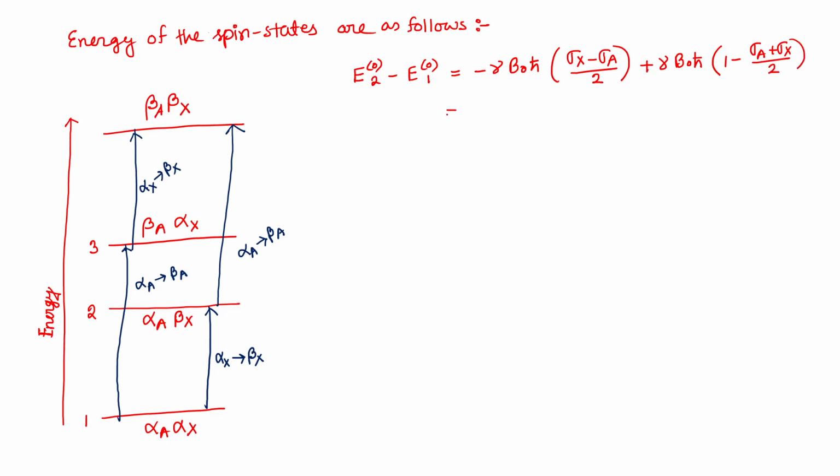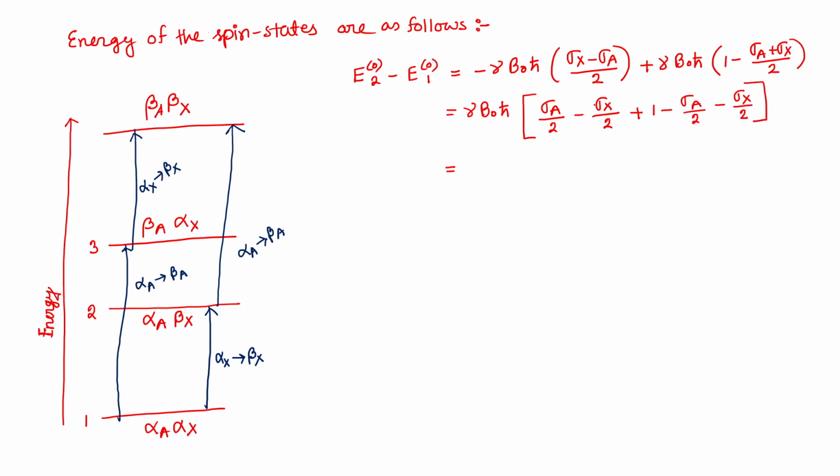How much is this? So you have gamma B0 h cut. Then I am taking this minus inside, then it will be sigma A by 2 minus sigma X by 2. Then it is 1 minus sigma A by 2 minus sigma X by 2.